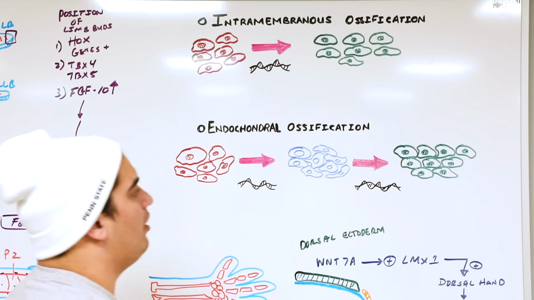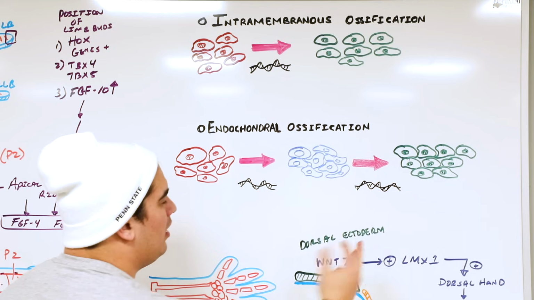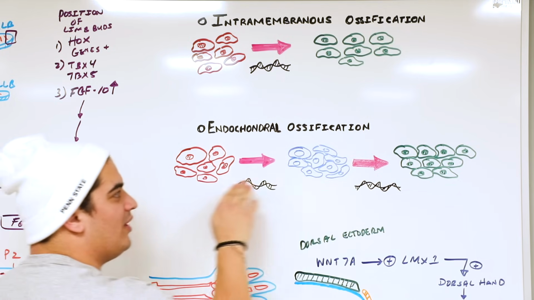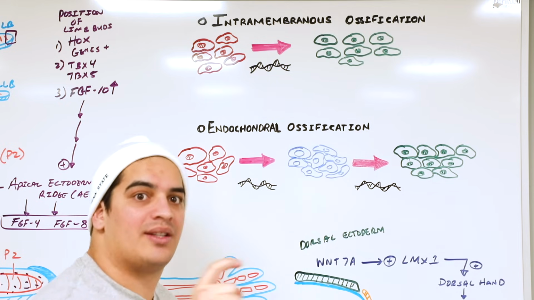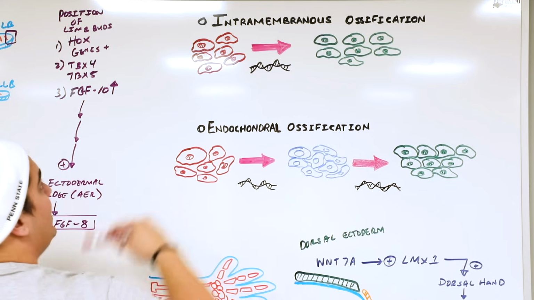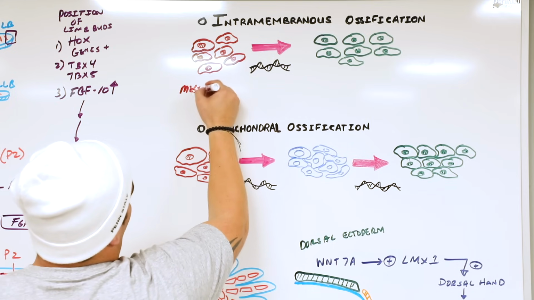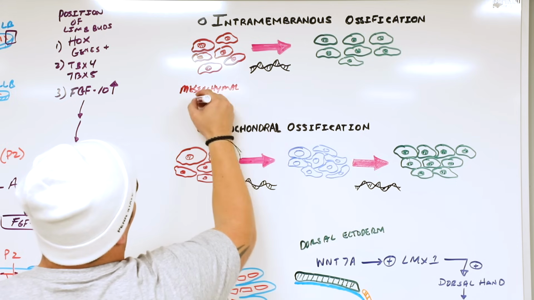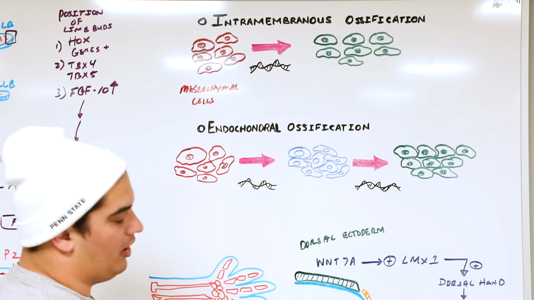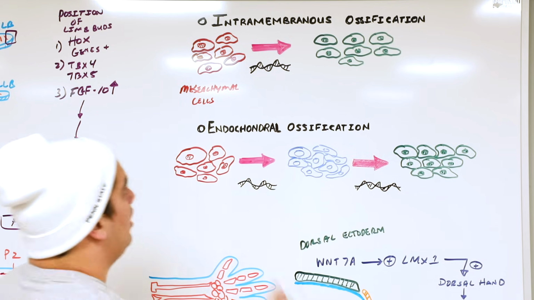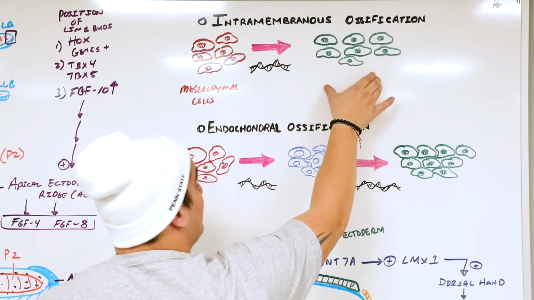The last thing I want you guys to know, though, is how, because this is important to think about. Yeah, we know the process, but how do these cells turn into these cells, turn into these cells? It's based upon the genes that they're expressing. So whenever these mesenchymal cells, whether this be from the ectoderm, whether this be from mesoderm, the paraxial mesoderm, the neural crest cells, whatever, these mesenchymal cells have to activate particular genes to turn into bone cells.